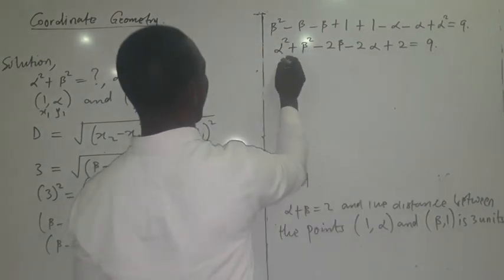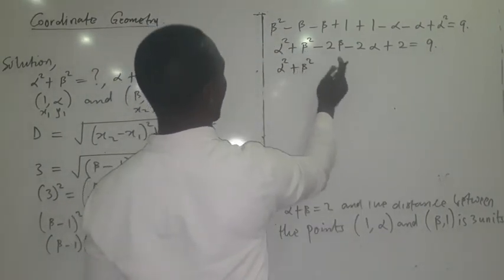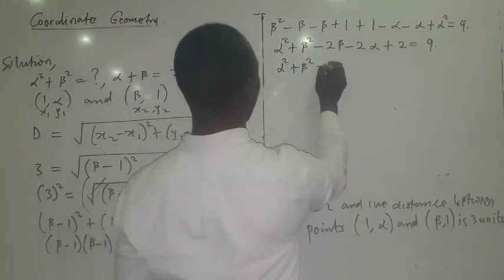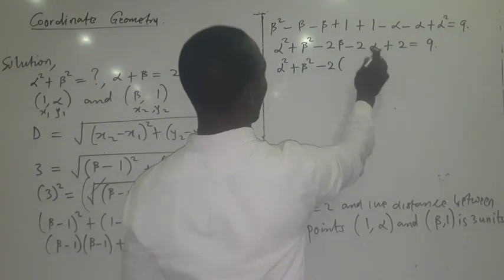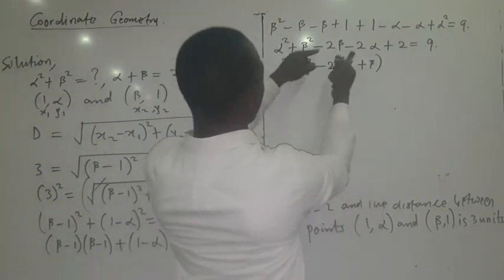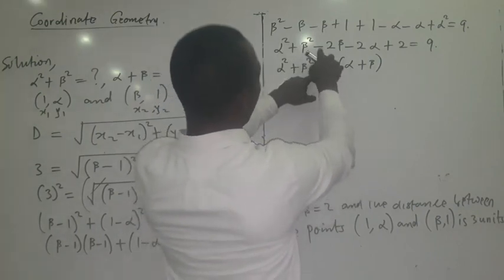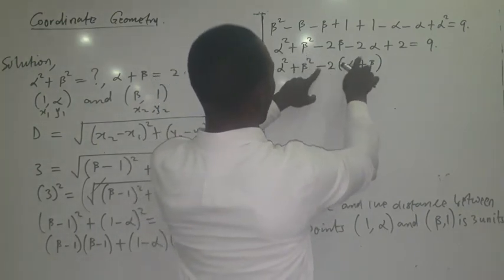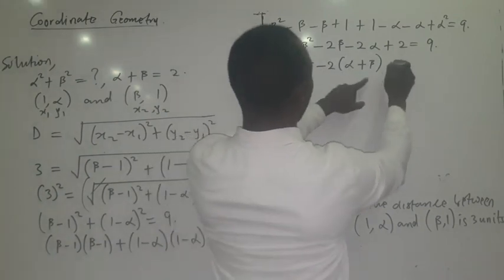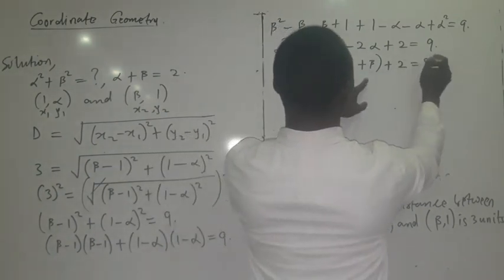So we have alpha squared plus beta squared, then the common factor here is minus 2. So we now have minus 2 into (alpha plus beta). By the time you open it, it's as if you extract minus, so minus and minus, you are left with plus. Then plus 2 equals 9.